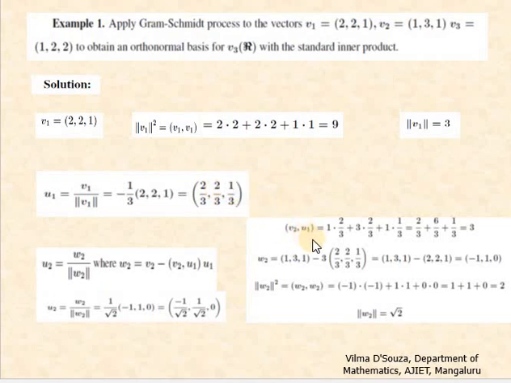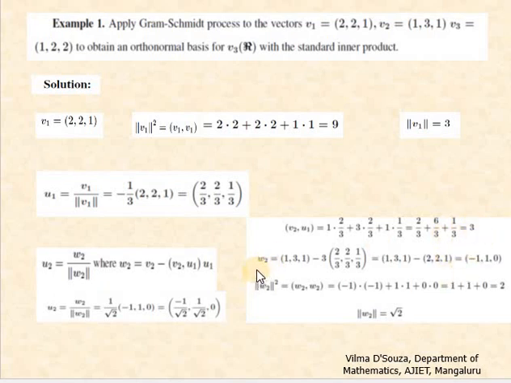So what is V2 comma U1? 1 into 2 by 3 plus 3 into 2 by 3 plus 1 into 1 by 3. That is 2 by 3 plus 6 by 3 plus 1 by 3, that is 9 by 3, that is 3. So this is equal to 3.